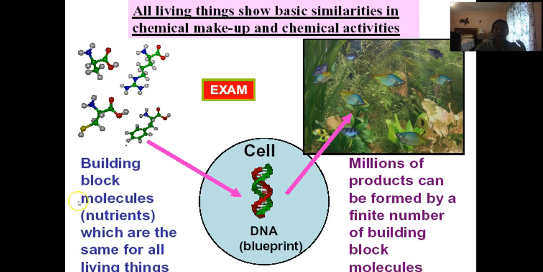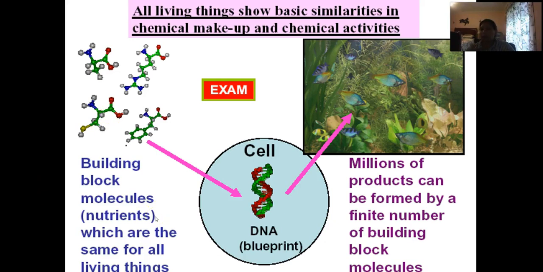These cells also have building blocks in the form of nutrients that are then broken down to create building blocks of the cell. And these building blocks are the same regardless of what living thing you're looking at. The same components are needed for a DNA, for a protein, for different parts of the cell, for energy consumption.